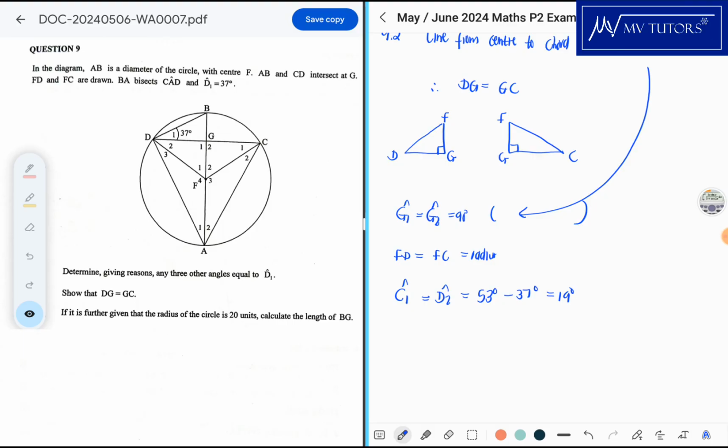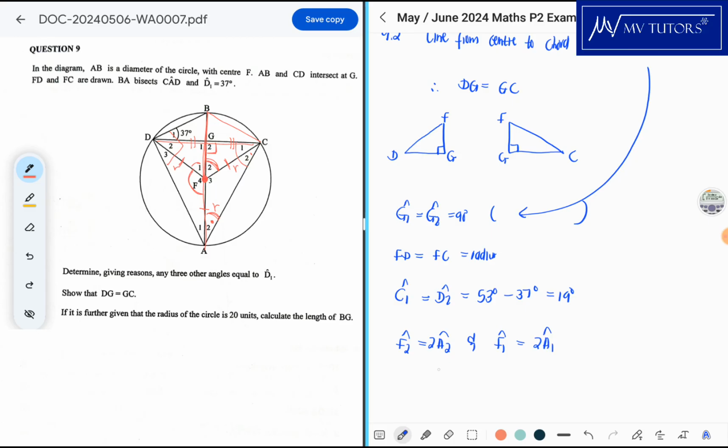Oh, I could have said, if we draw in that chord BC, F2 is twice the angle at the circumference, which is A2. So F2 is twice A2, and F1 is also twice A1.